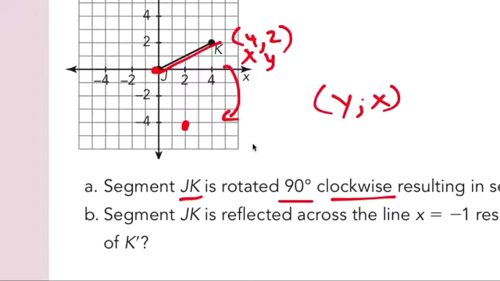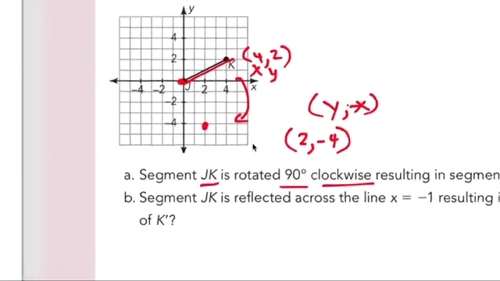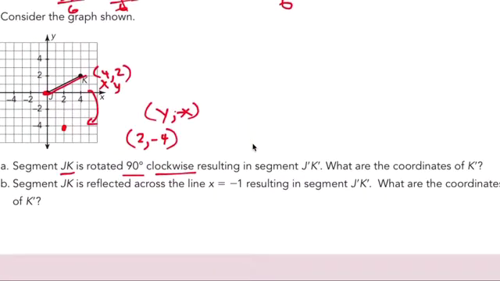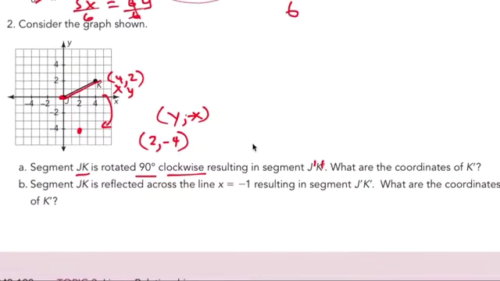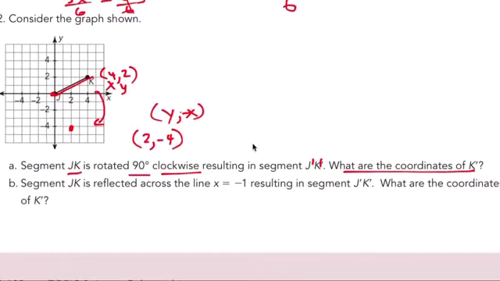But x will become its opposite. It's 2, negative 4. Label it J prime, K prime. What are the coordinates of K prime?